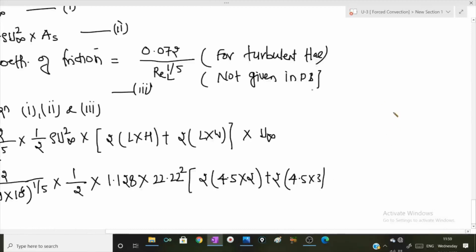So this is the total surface area over which the air is flowing, and the velocity is 22.22 meter per second.